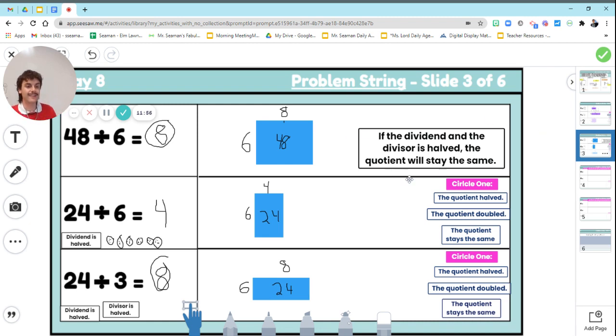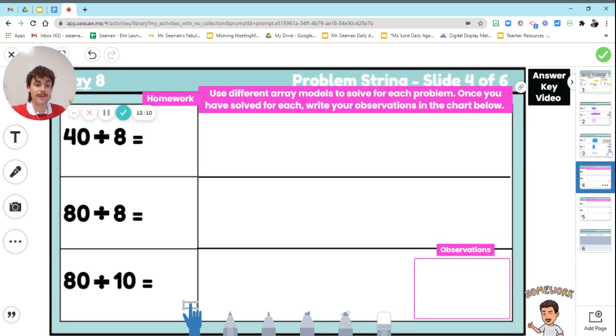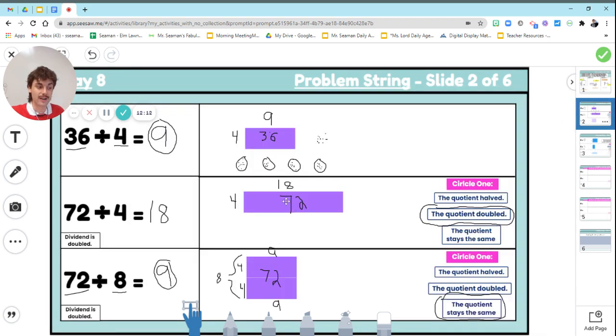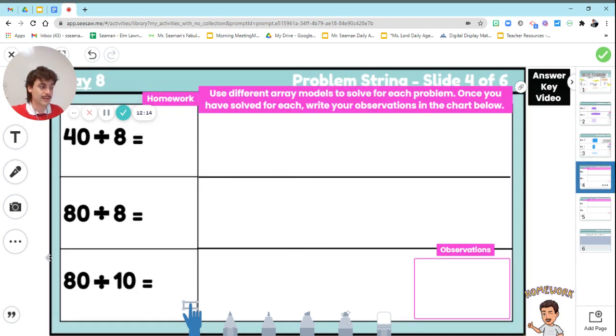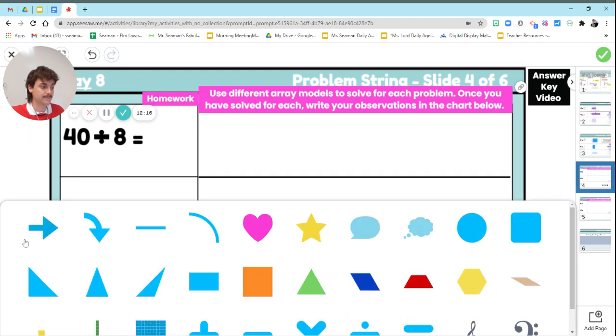So now that I have gone through these with you, what you are going to do today is go through the next 2 pages on your own. And I know that it might be scary, but trust me, you can do it. You're going to create area models just like I did right here. The easiest thing to do is go here with the shapes.